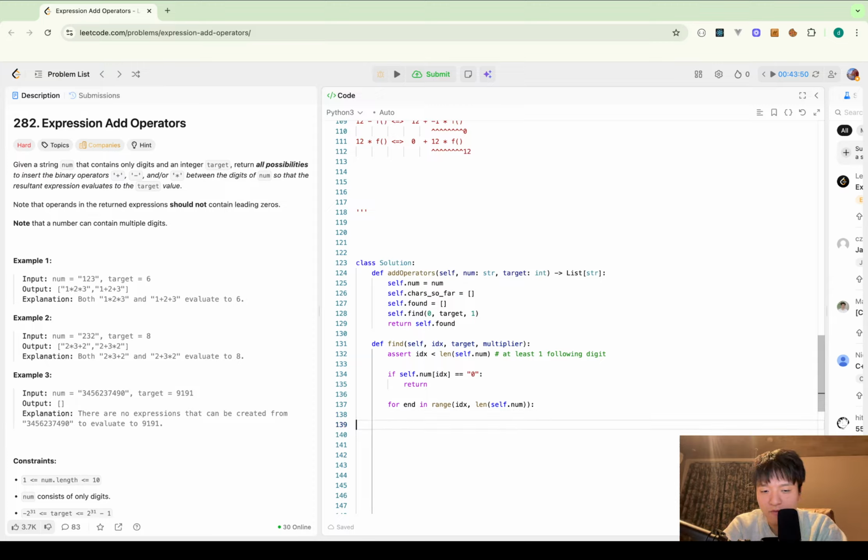And here I have 2 cases: this case or later. If this case, this is the end of the string.